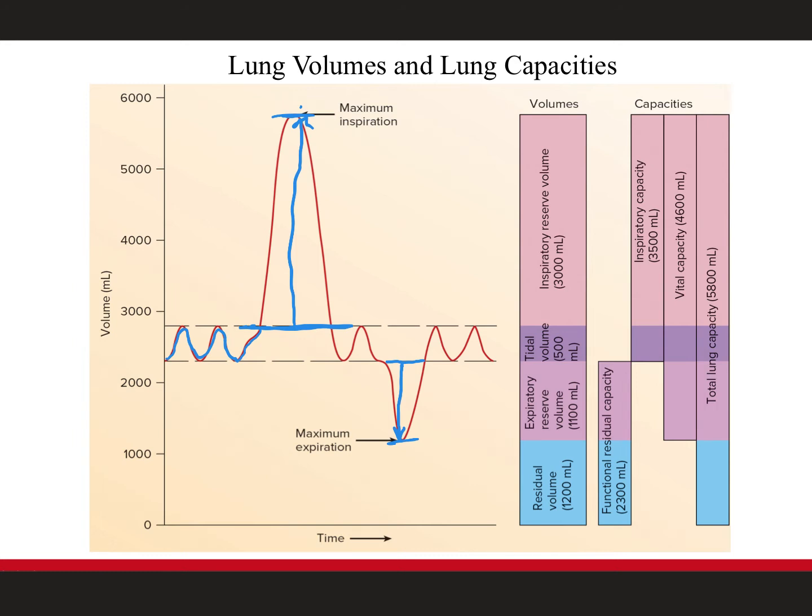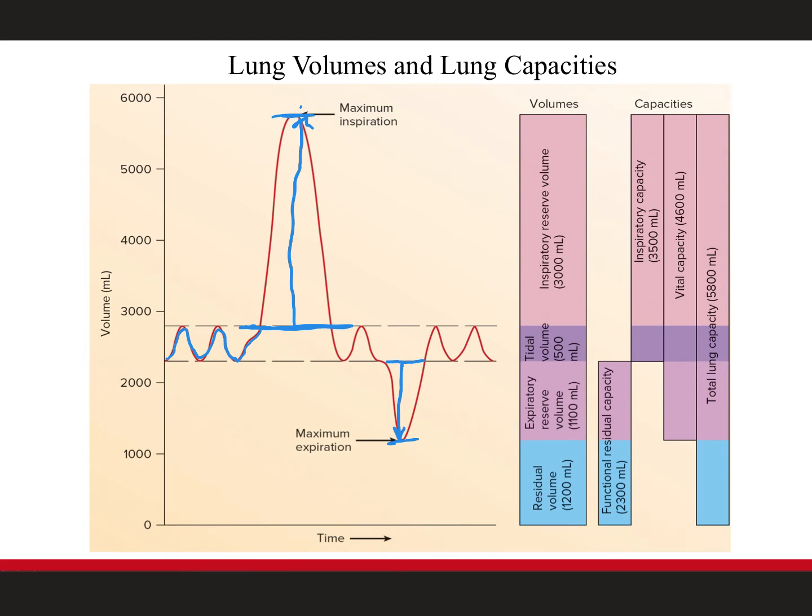Now, is it possible to blow out all of the air that is contained in your lungs at any given point? No. Why not? Because you would be dead. Why? Because you can't vacuum seal everything out. Right.